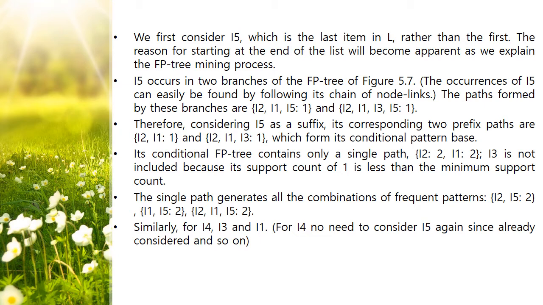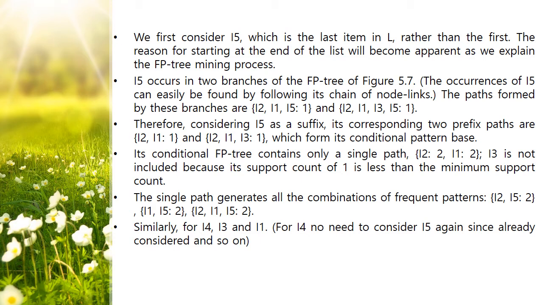The occurrences of I5 can easily be found by following its chain of node links. The paths formed by these branches are I2, I1, I5 and I2, I1, I3, I5. That's why we have I2, I1 as the conditional base, and I2, I1, I3, each with support count 1.